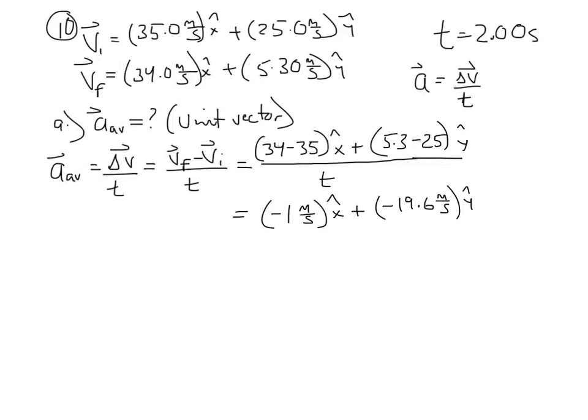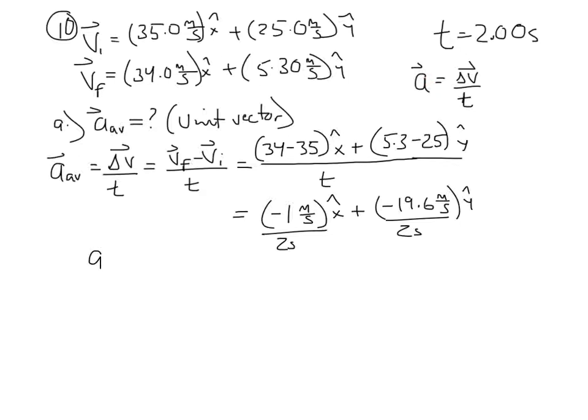All divided by time, 2 seconds. So we're taking a change in velocity vector, final minus initial, x hat and y hat, and we're dividing it by time, just like we divide change in velocity by time in order to get our acceleration. So what's that going to simplify to?